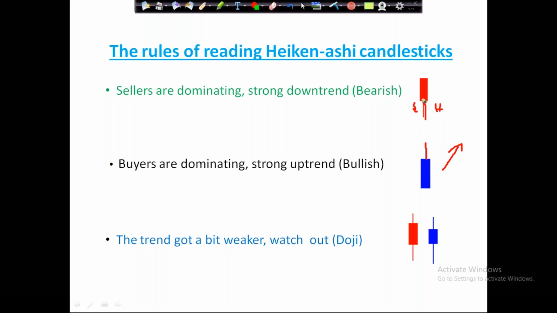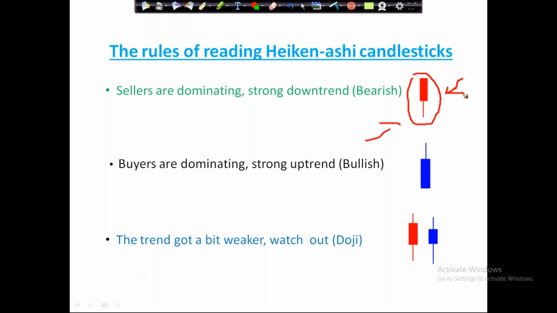But if you see this candle in normal form, we can say it is like a hammer type of candle, right? But in Heiken Ashi, this is called a bearish candle, a fully bearish candle, a perfect bearish candle. And the third type, all the same like a normal candle, that is called doji. All right. What is the logic behind this bearish candle? When this type of bearish candle appears, that means sellers are dominating, a strong downtrend.